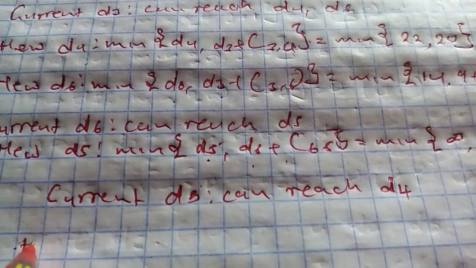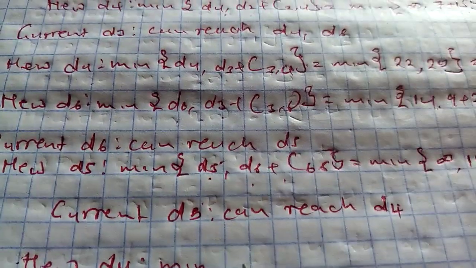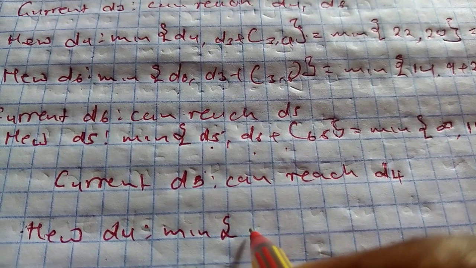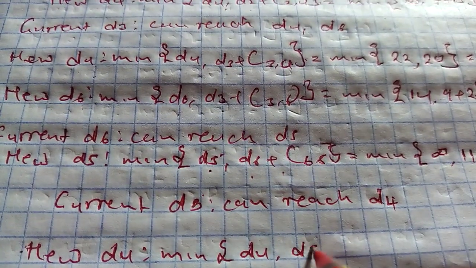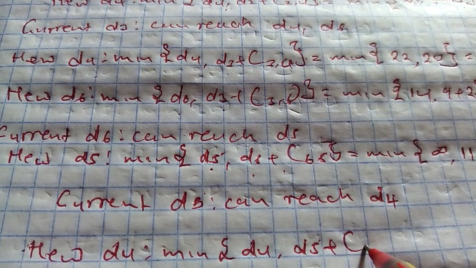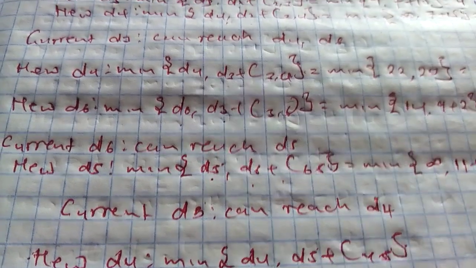So we need new d4, which is the minimum between d4 and d5 plus c5,4. That is the weight.